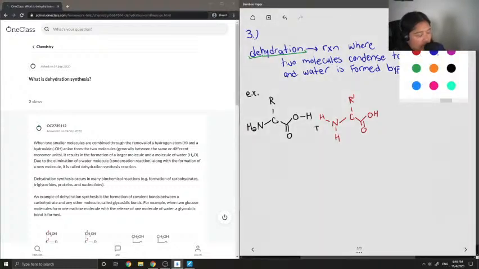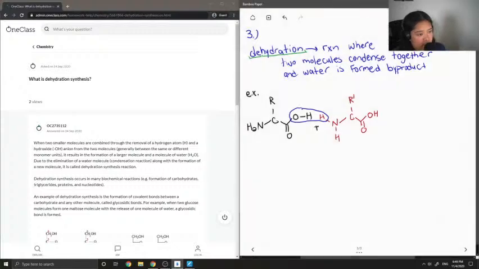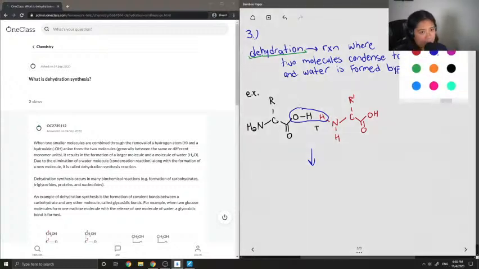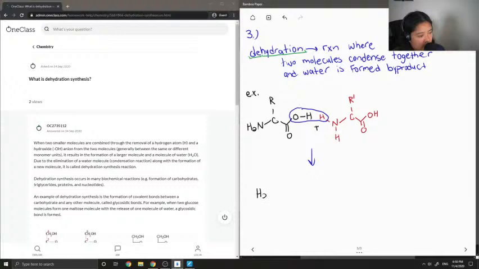And now I'm going to circle where these two reactants will combine. And then I can draw a final product at the bottom here. And color code it.